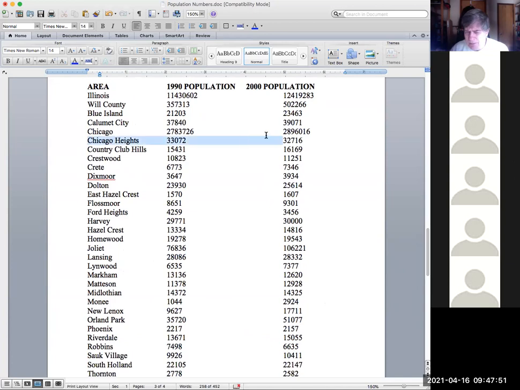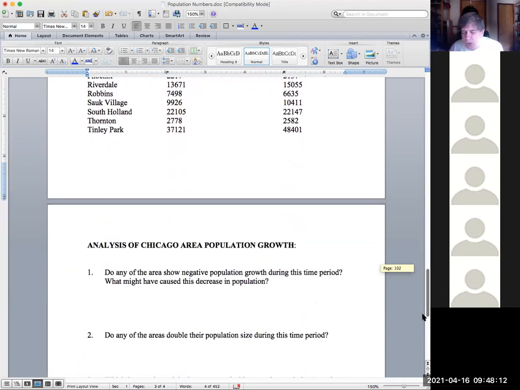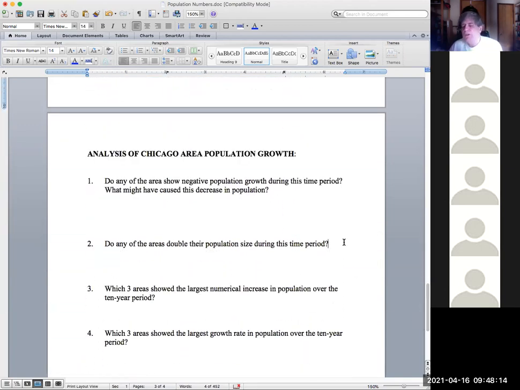Well, if we look, notice in Chicago Heights, the population went down from a little bit over 33,000 to 32,700. So there are some areas where the population declined during this time period. So even though the overall human population is increasing, it doesn't mean that the population is increasing everywhere.